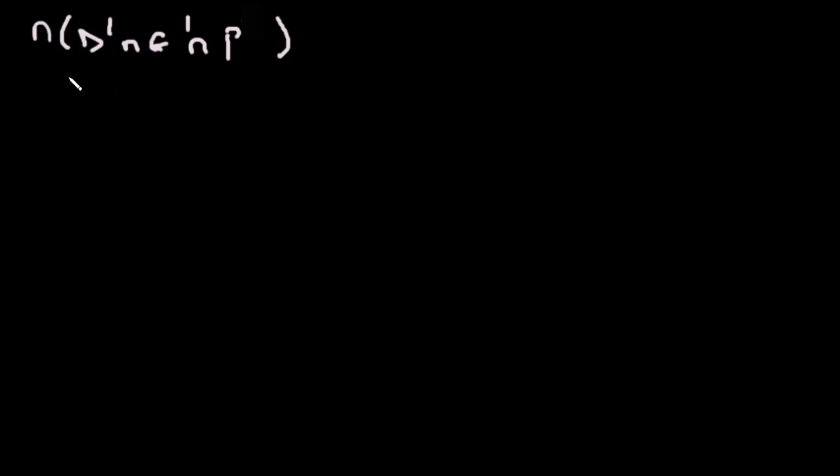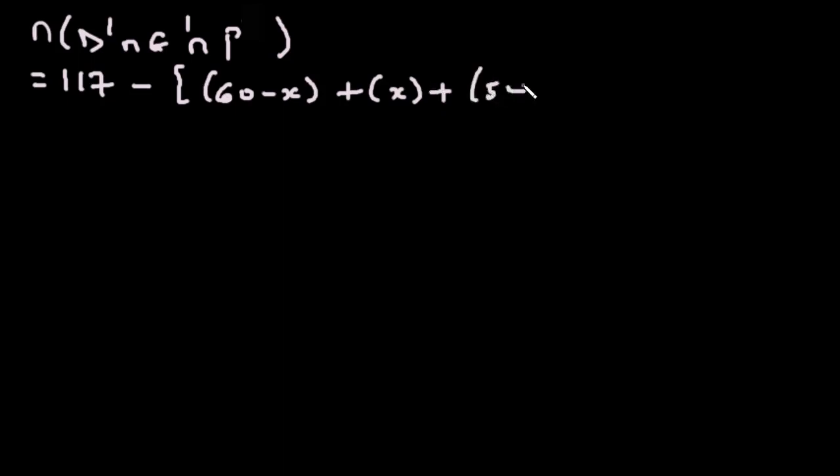So we're going to have 117 minus, open a big bracket, intersection of Daily Times and Punch, that's 60 minus x, plus the intersection of the three, x, plus people who read Punch and Guardian, that's 54 minus x. So we close this bracket.